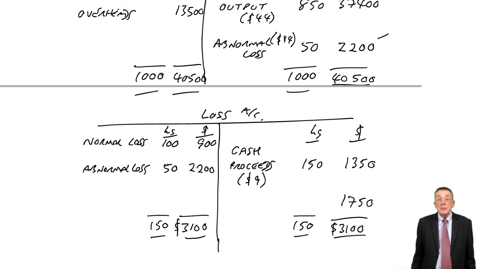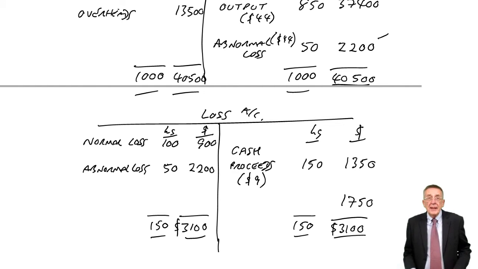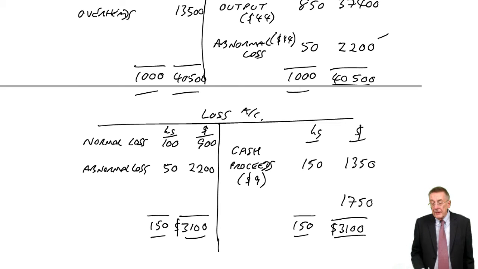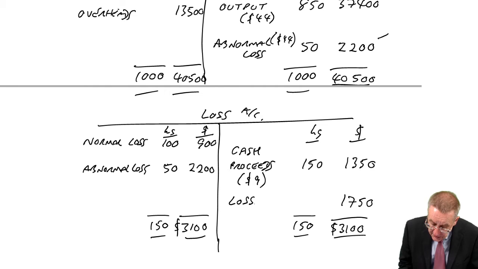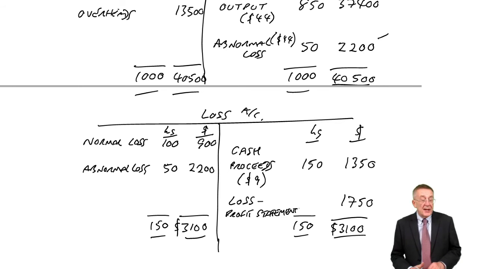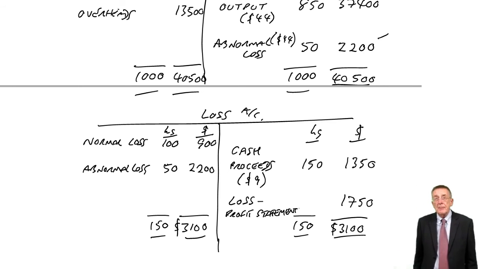Now, I'll prove it to you in a moment, but that is the actual loss we've made relating to the scrap. It's a little loss that we would show on our profit statement. Don't worry about the profit statement itself, that's completely irrelevant for the exam.